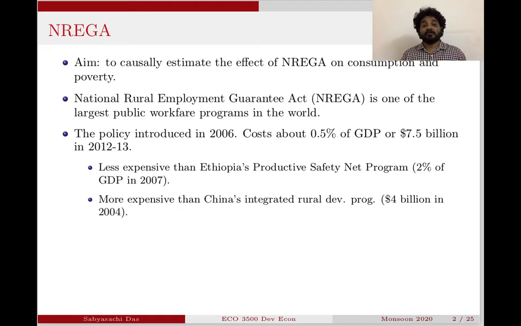It's about 2% of GDP in 2007 in Ethiopia. However, it's more expensive than what the Chinese government allocates towards their integrated rural development program, which was about $4 billion in 2004, which is both less in terms of absolute value and definitely much less in terms of percentage of GDP, right? So it's somewhere in the middle, and so it's not particularly astronomical in its expenses.